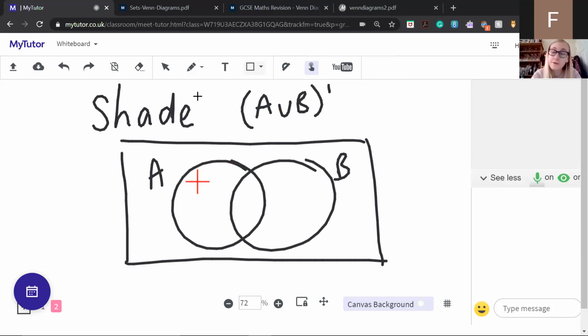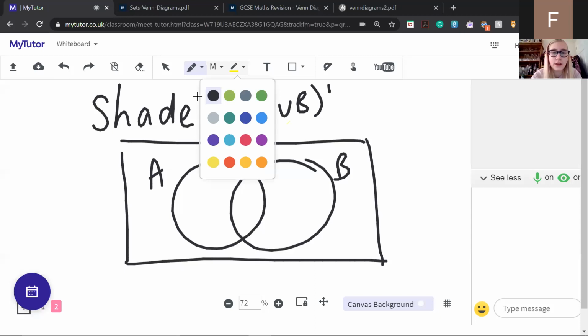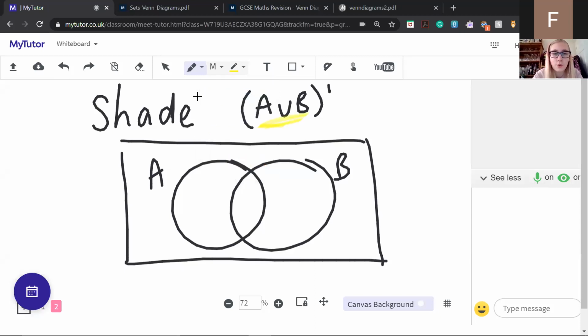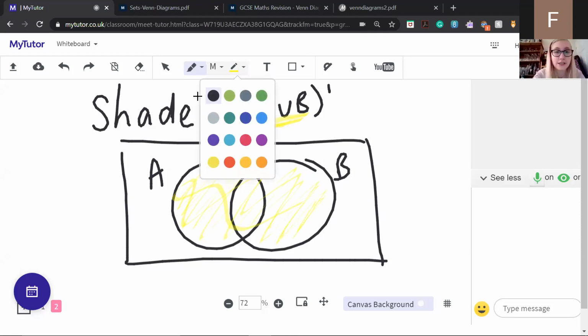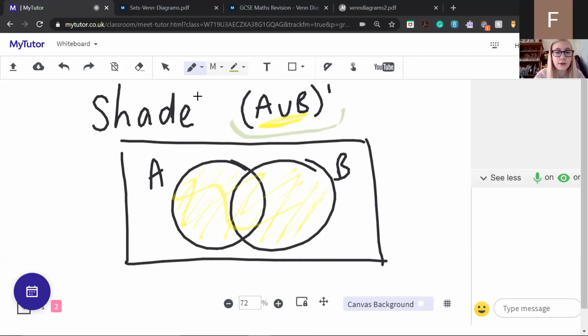So we can first of all think about, what does this mean? Well, this means all of this space, right? That we've been through. And not is everything else inside the box that's not currently shaded. So this whole thing is this.